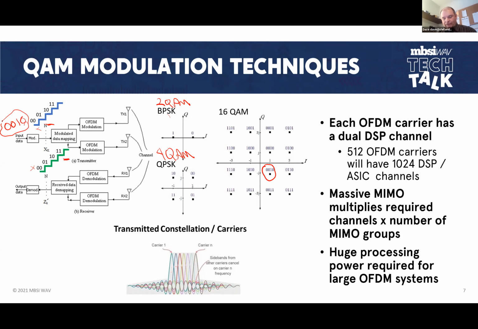So if you're ever wondering about why the power consumption of a modern base station is as high as it is, it's because this ASIC and these DSPs are actually doing this work, the digital part of the process and then the analog part of this process.